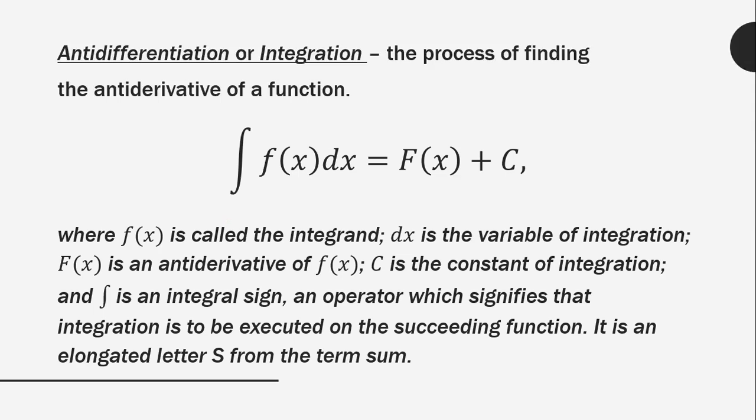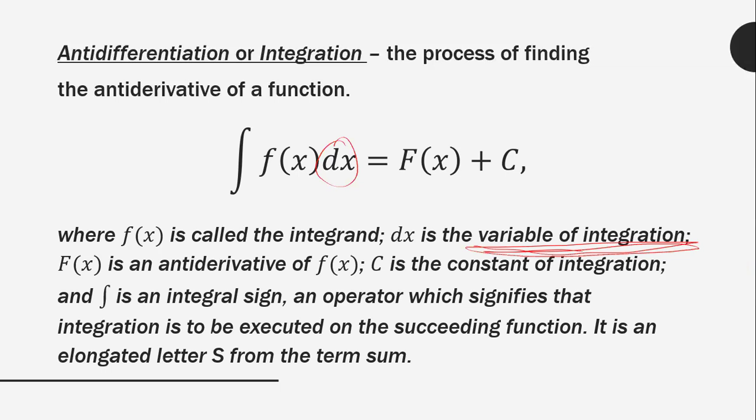Again, the integral symbol came from the word sum, so it becomes an elongated letter S. As you could see in our equation, our f of x is called the integrand of the notation. So f of x is our integrand with the small letter f. dx is our variable of integration. There are different variables of integration.